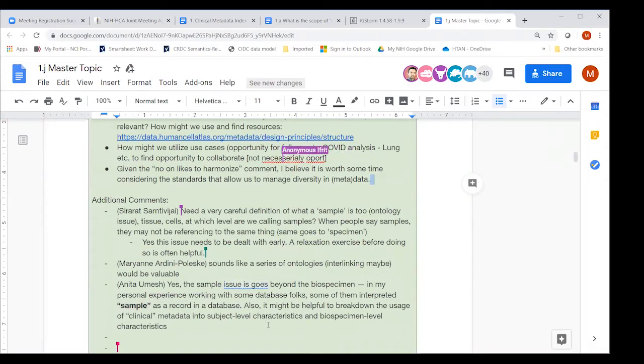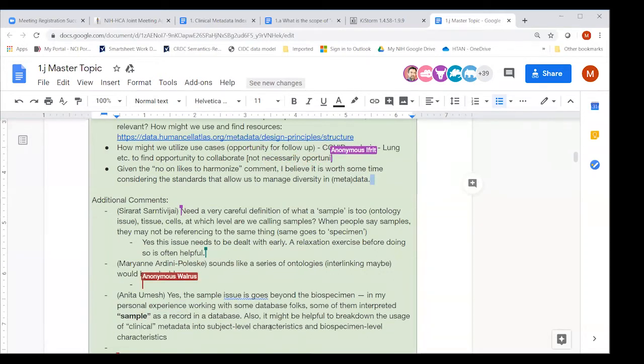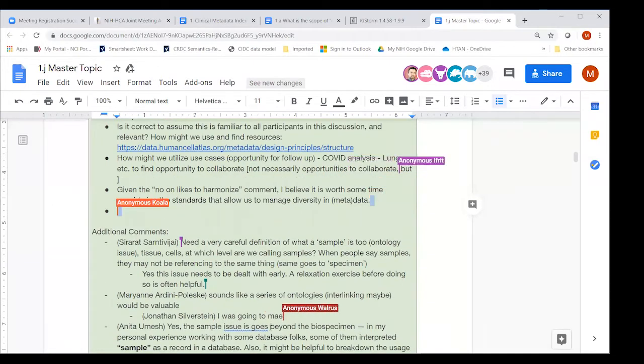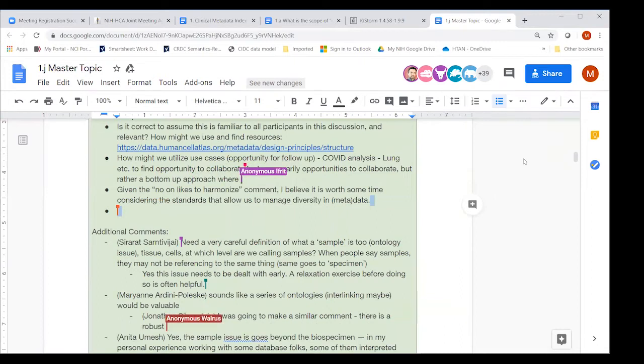Some of the database people that I worked with, the software engineers, a record in their tables was a sample. And that was a big disconnect between the bioinformatics folks who were referring to an assay, a result as a sample, whereas the biomedical folks like myself were referring to the biospecimen. That makes sense. So just as a caution, it might be helpful to go back to first principles and define the simple things.